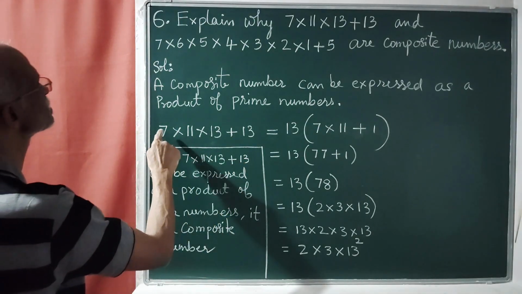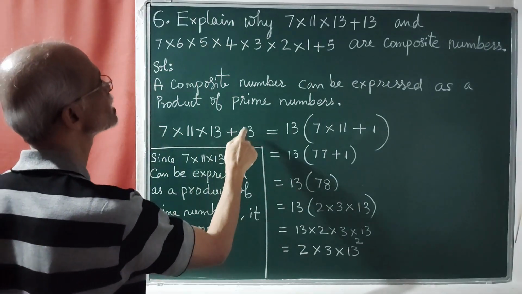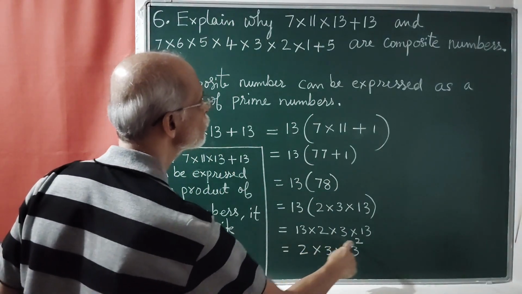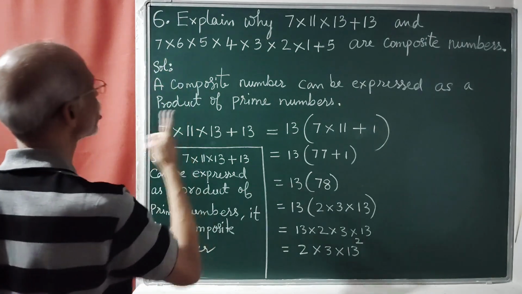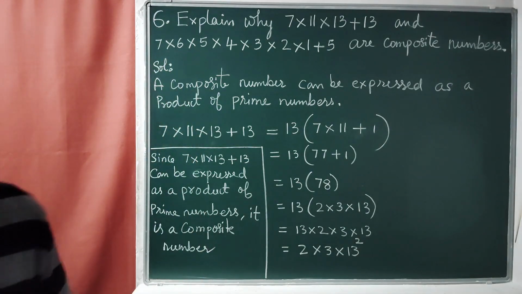We could express 7 into 11 into 13 plus 13 as a product of prime numbers. Therefore, it's a composite number.